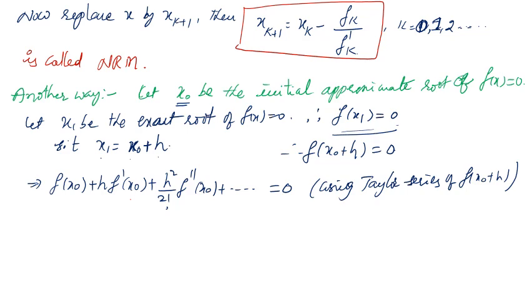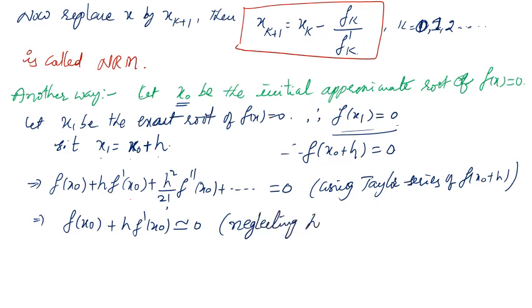Then neglect the higher derivatives. f of x0 plus h into f dash x0 is approximately 0. Why have we used the approximate symbol? Because we are neglecting higher degree terms, so it is not exactly equal to 0. It is approximately equal to 0.